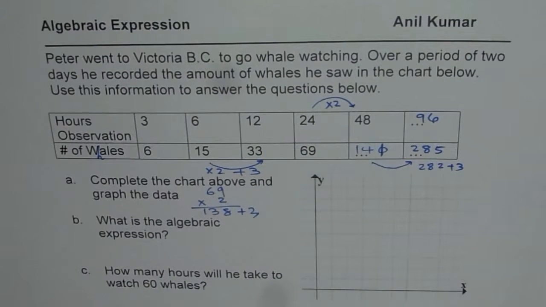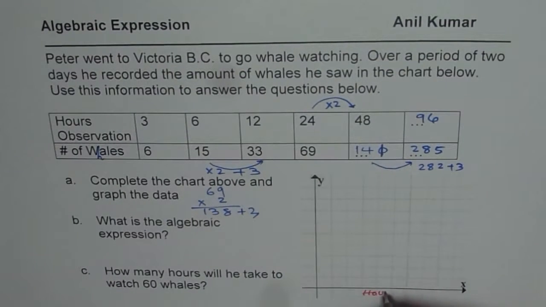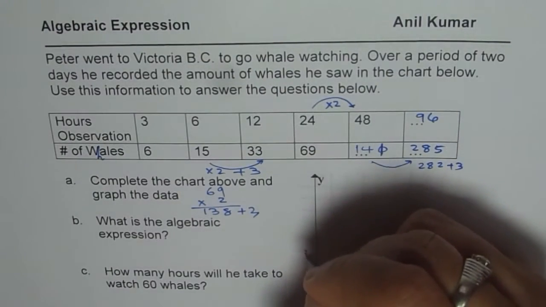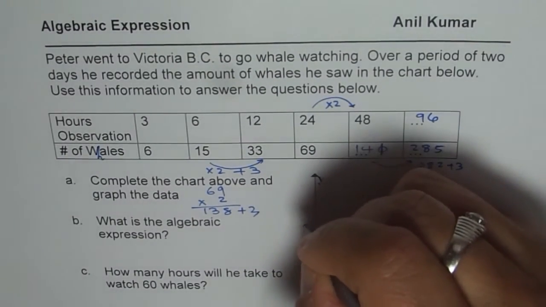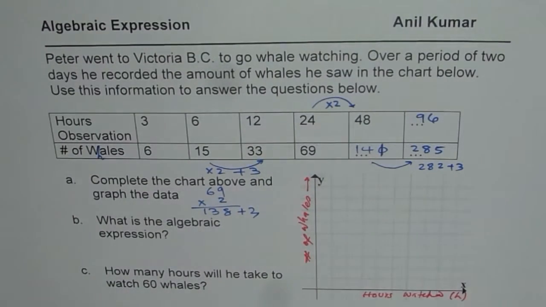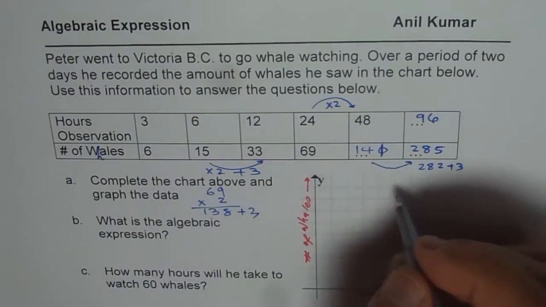Whenever you draw a graph, it is important to label. On the x-axis it should be hours watched, and that is in hours of course, and then the number of whales. So the graph will be called number of whales versus time, right?